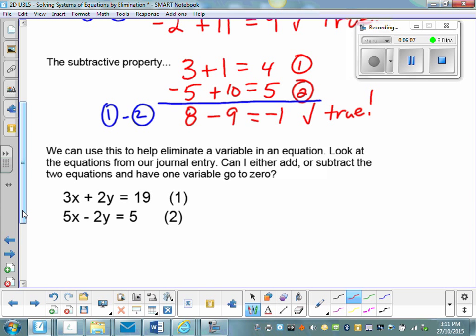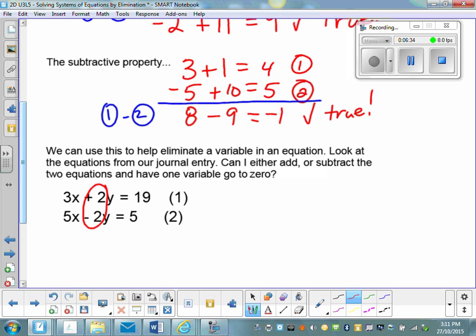And the reason we do that is because we can use that technique when we have a situation like this. So you can see here I've got two equations. All of the variables have a coefficient in front of them. So what I can do here is, if you notice, these coefficients match up with each other.